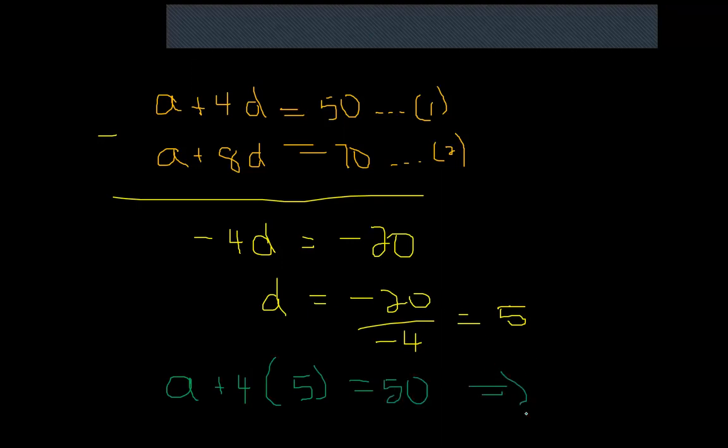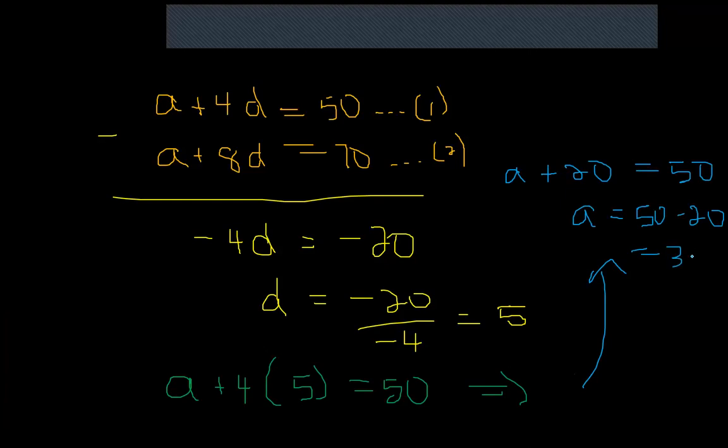Actually, let me answer the whole thing so I don't confuse anybody. 4 times 5 is 20, so A plus 20 is equal to 50. Subtract 20 from both sides, so A is equal to 50 minus 20, which is 30. And that's how I got A is 30 and D is 5. Do you understand that?